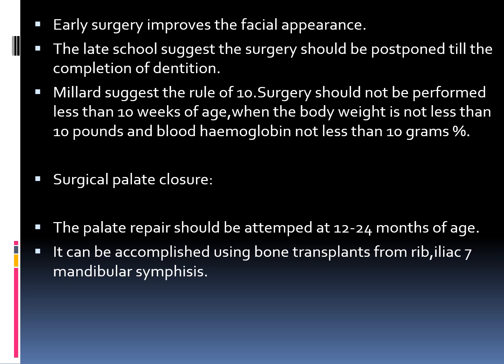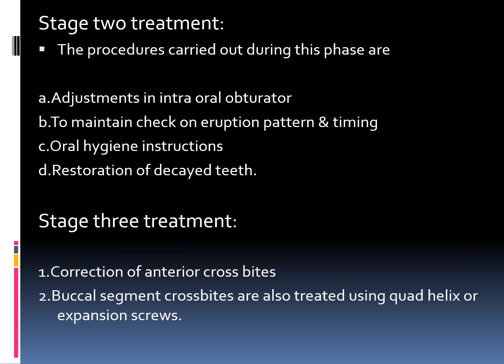Okay. And what are the bones that can be utilized for the transplant? From your rib, iliac, and your symphysis of your mandible. Now, stage 2 treatment is obviously as the baby is growing, you need to adjust your obturator to maintain or check the eruption pattern and timing, and restoration of your decayed teeth, because the patient is already in the primary dentition stage, and mixed dentition in some cases.